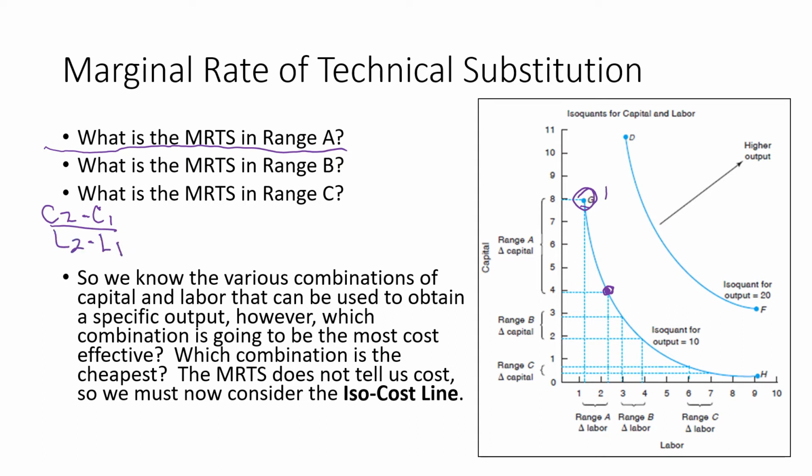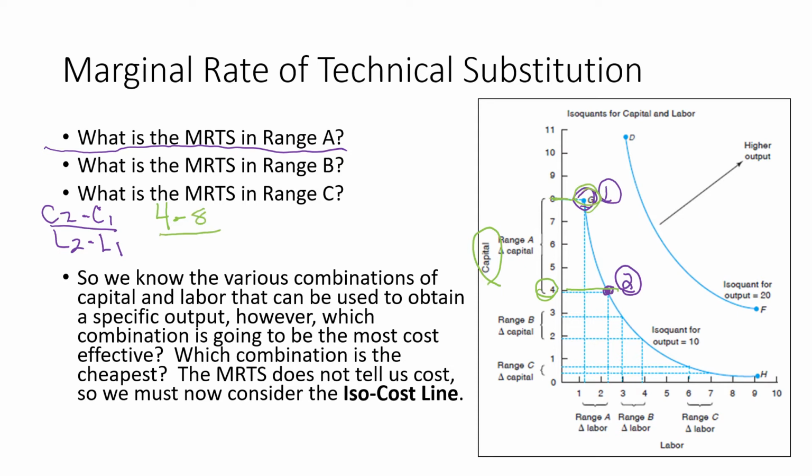So if we label this as 1 and this is 2, our capital at point 2, let's look at that one first. So our capital at point 2 is 4. So we have 4 minus our capital at point 1, which is 8.